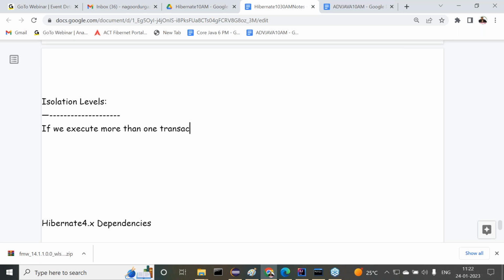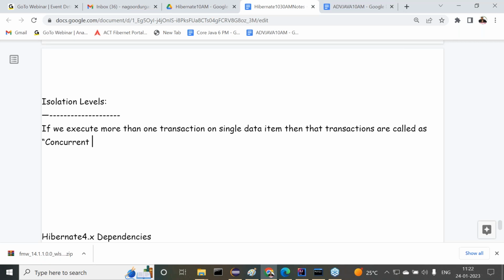If we execute more than one transaction on a single data item, then those transactions are called concurrent transactions.